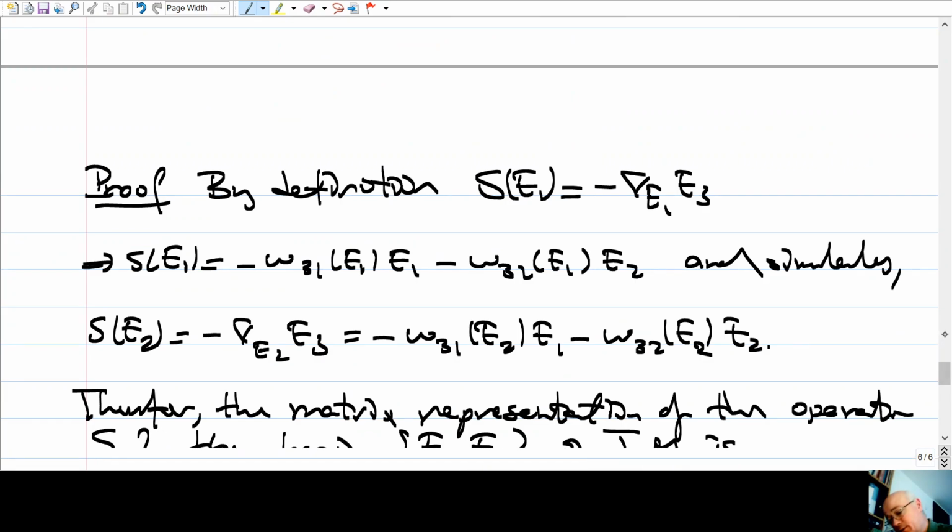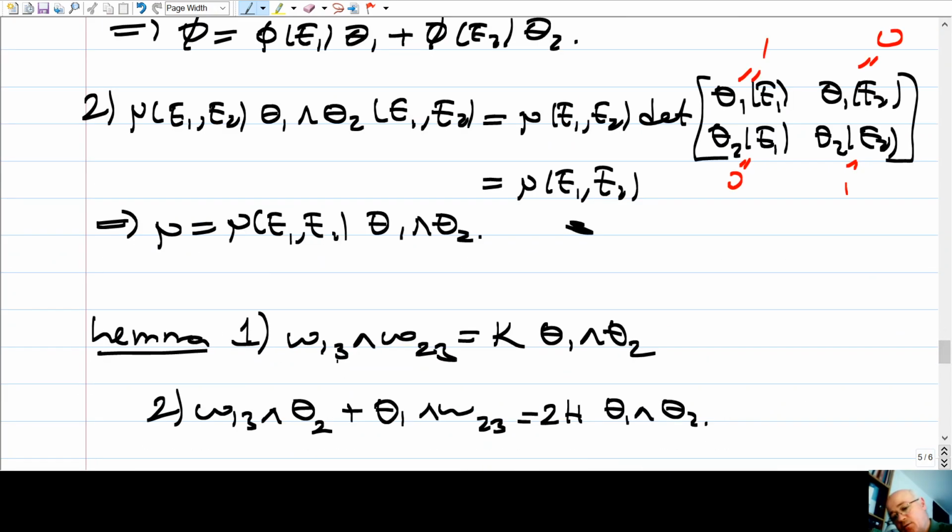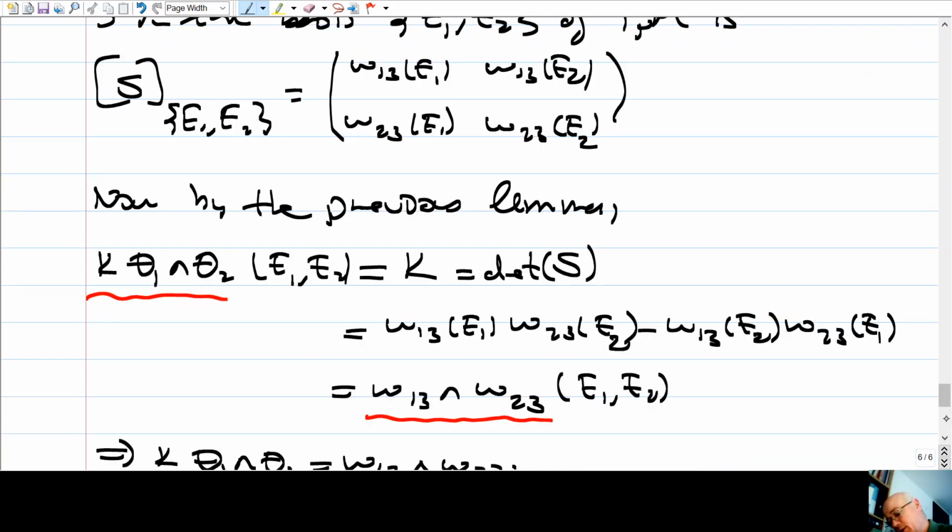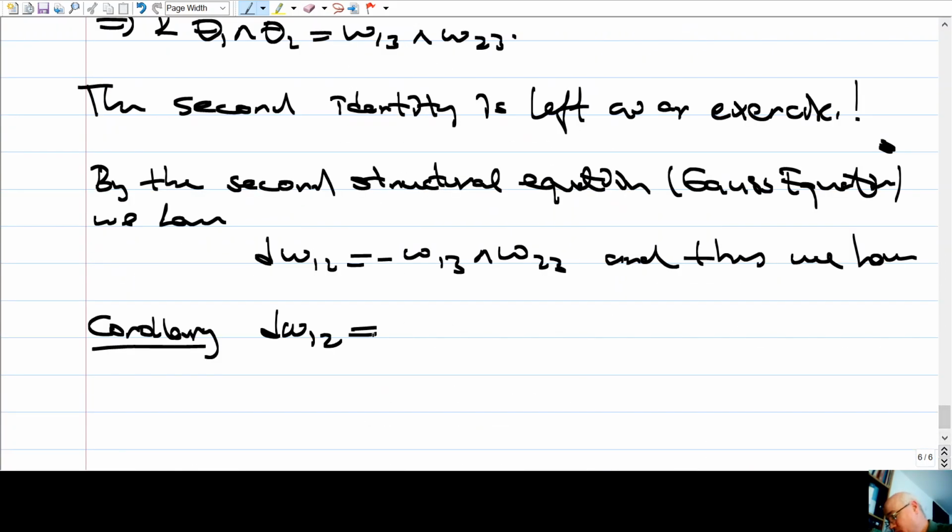This is just minus omega 1 3 wedge omega 2 3, which is k times theta 1 wedge theta 2, so this is minus k theta 1 wedge theta 2.